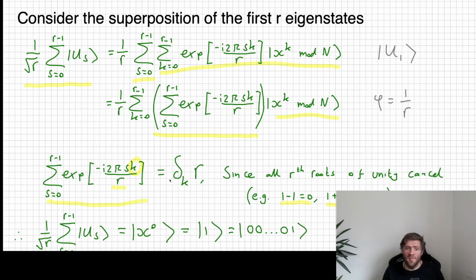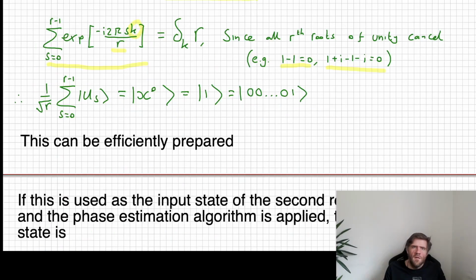So if k is 0, then we're summing up r times 1, which is of course r, and if it is anything else, then we get a 0. What this means is that this superposition over the first r eigenstates comes out as x to the power of 0, because 0 is the only one of these that actually survives. X to the power of 0 is of course the number 1, which is expressed in binary as 0, 0, 0, 0, 0, 0, 0, 1.